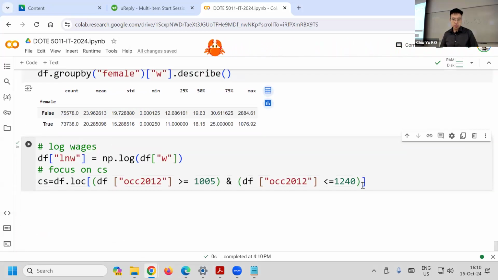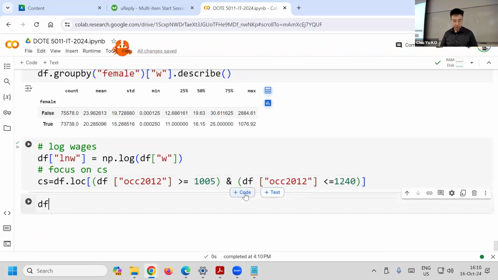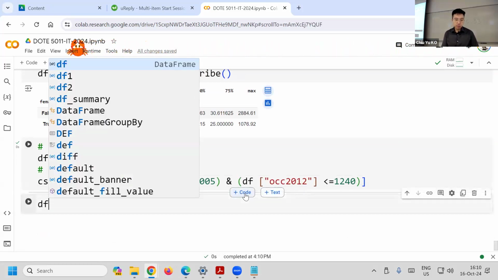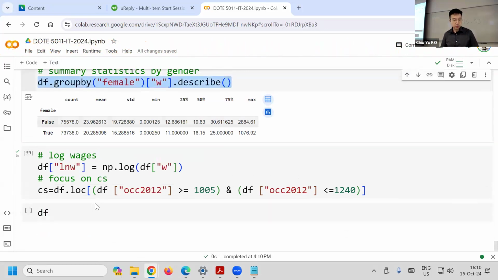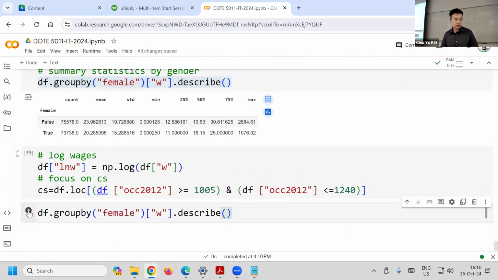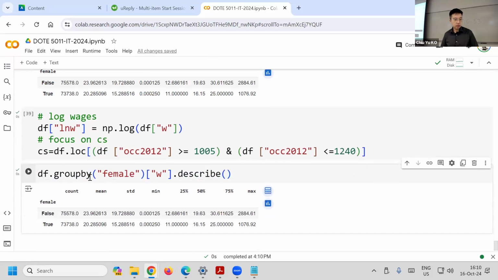If you want to make sure this is okay, then you just look at the data again to see whether we actually did something right. So let's look at this. The CS.